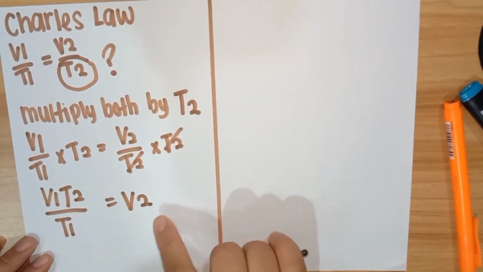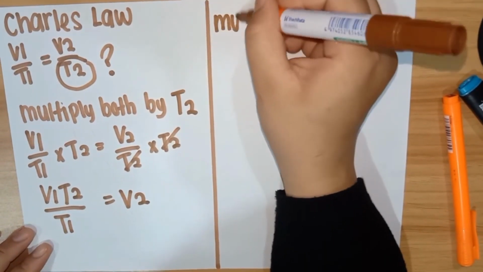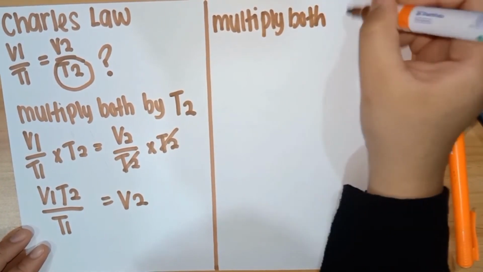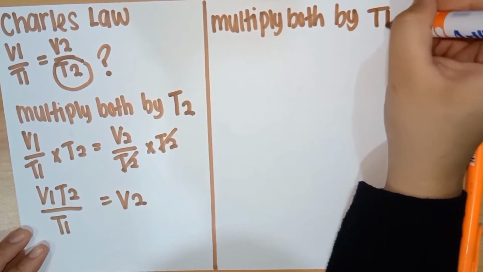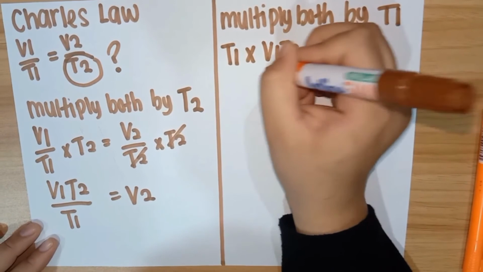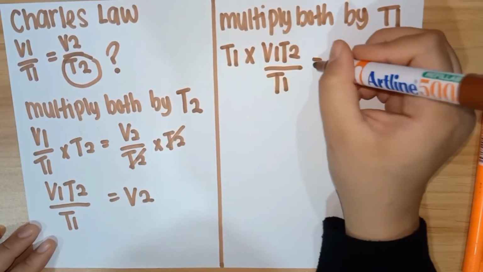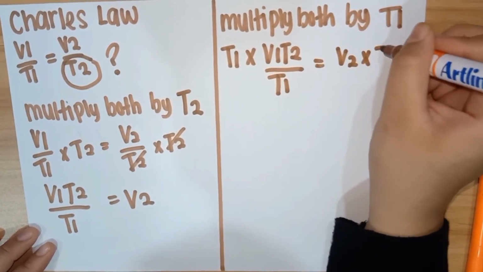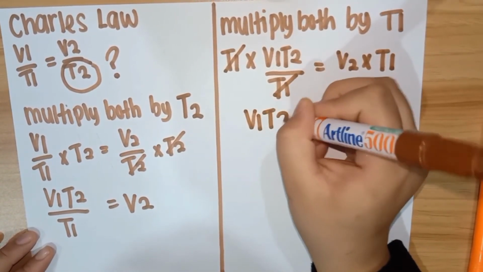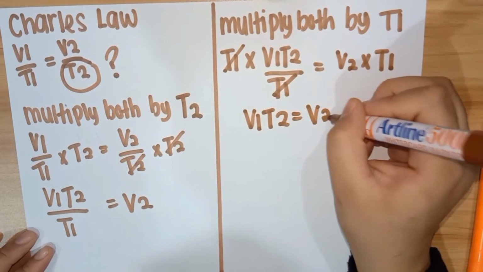Next, we need to transfer the T1 to the right hand side, so we multiply both sides by T1. We can cancel out the T1 on the left hand side, so we get V1 T2 equal to V2 T1.